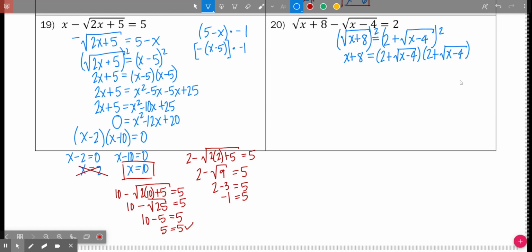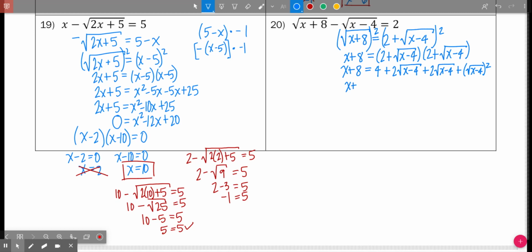It's a binomial. So I have x plus 8 equals 2 times 2 is 4, plus 2 times the square root of x minus 4, plus 2 times the square root of x minus 4, plus the square root of x minus 4 squared.